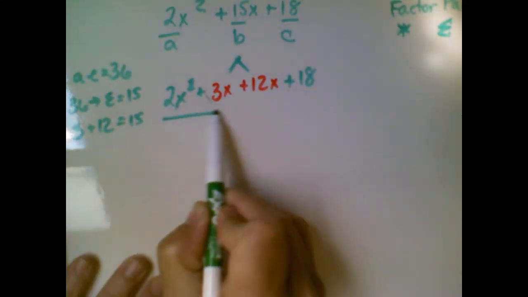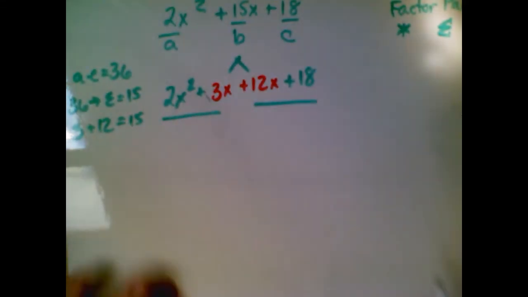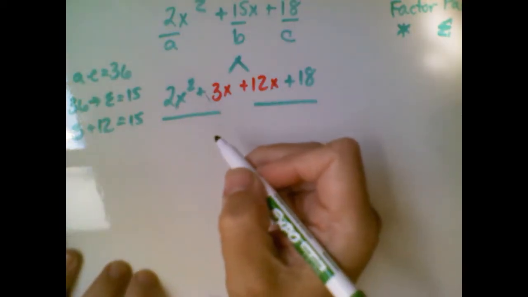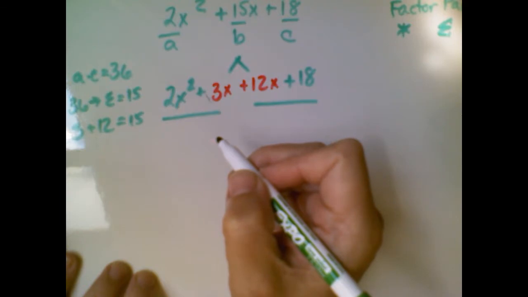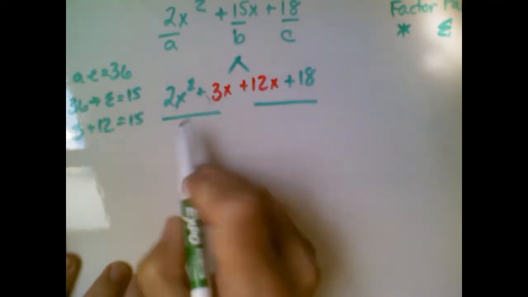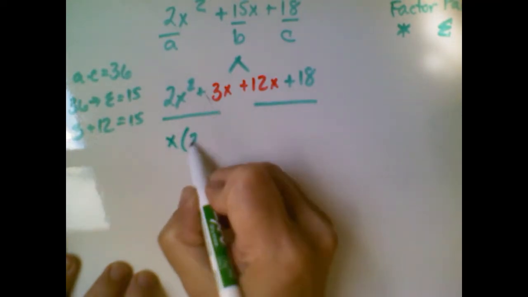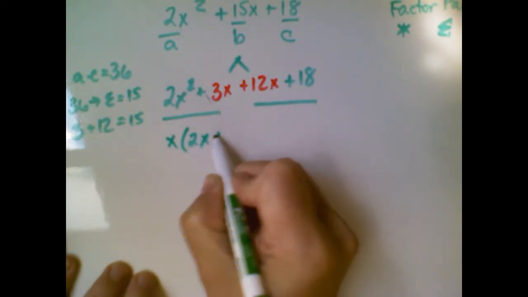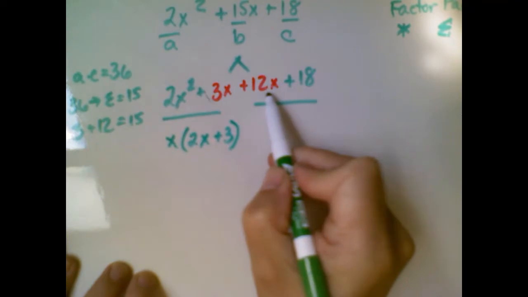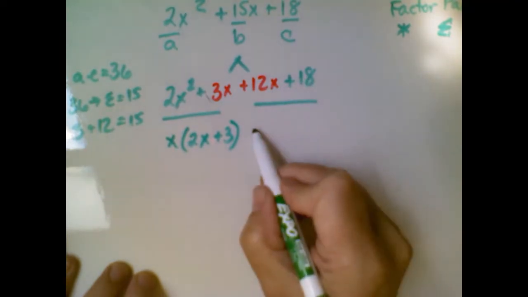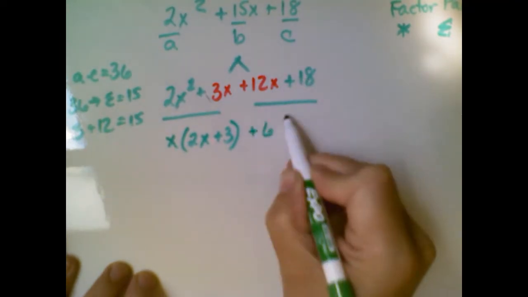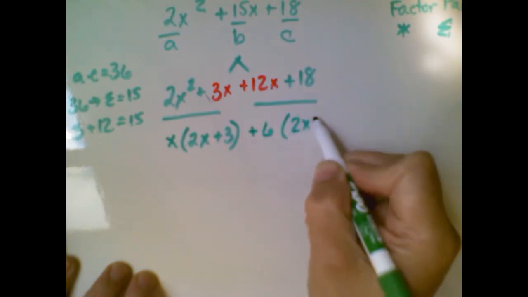So I take this pair and this pair, and I find out what they have in common the most. What is their greatest common factor? And in this case, it's just x. So I pull the x out and I factor out what's left. So 2x plus 3. And here I have a 6. They both have a 6 in common. So plus 6, and again, 2x plus 3.